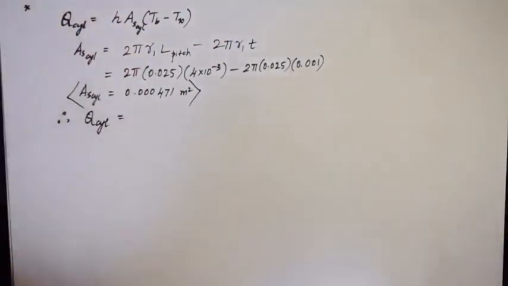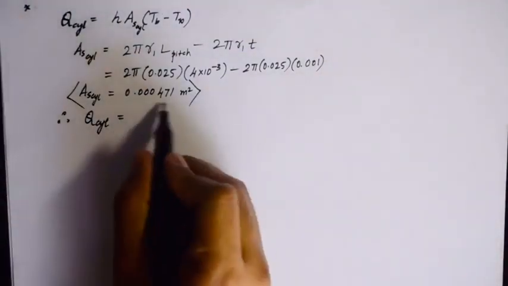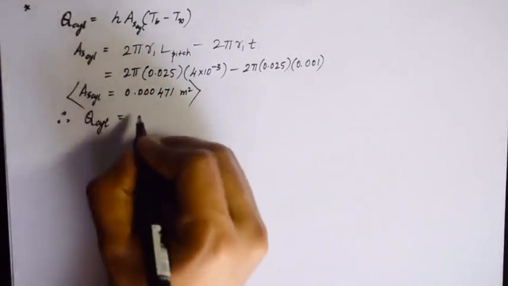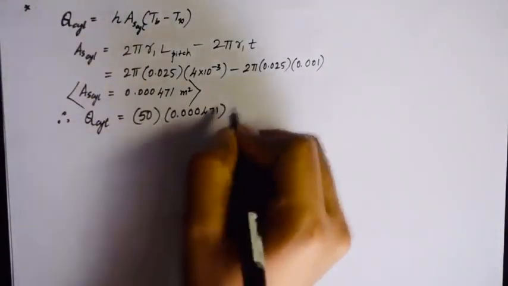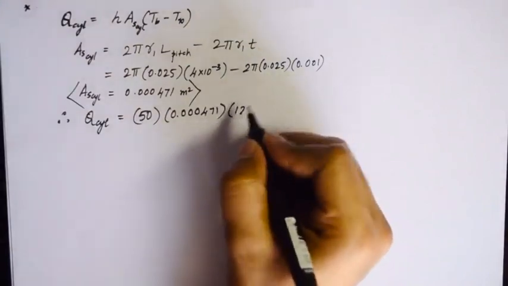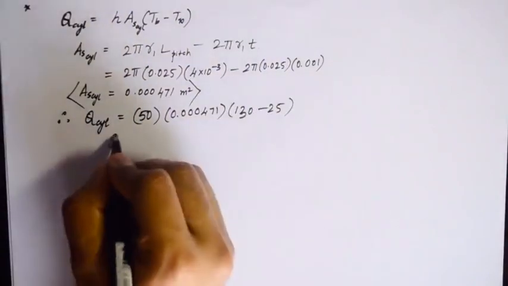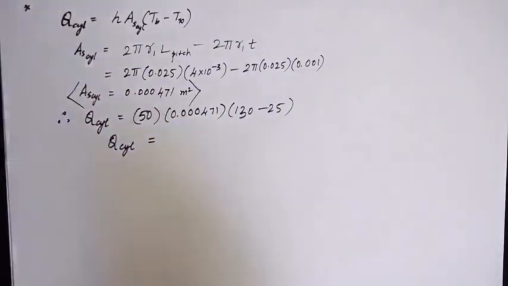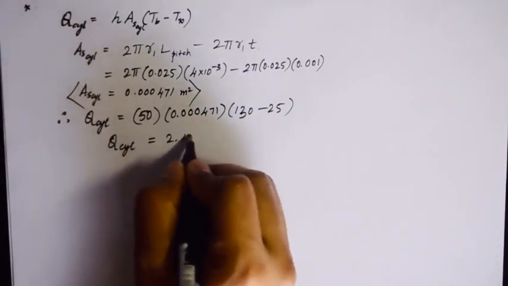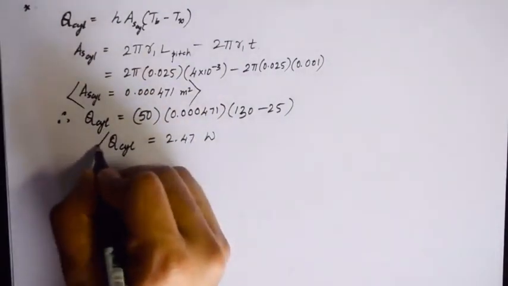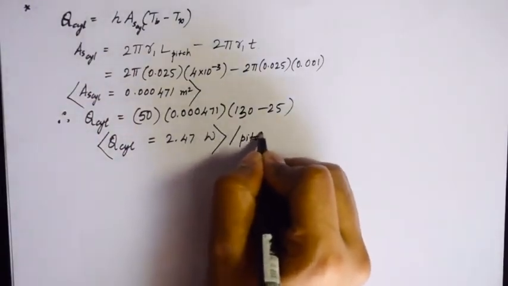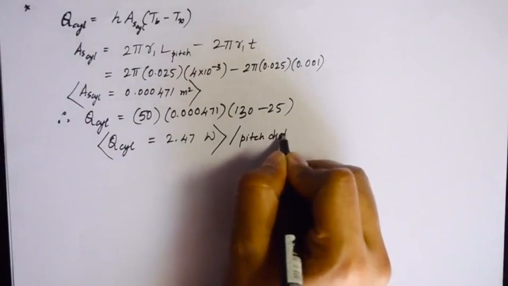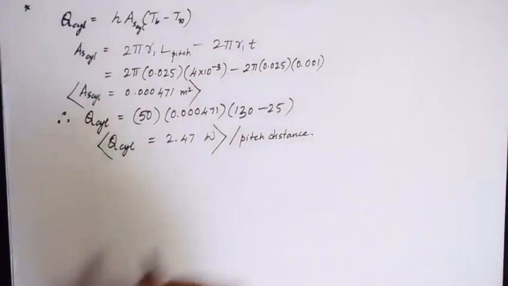So you will get the value of area as 0.000471 meter square. Then we can find out the heat transferred by the cylinder, which is 2.47 watts. This is only for per pitch distance that we have calculated, so make sure you mention it.